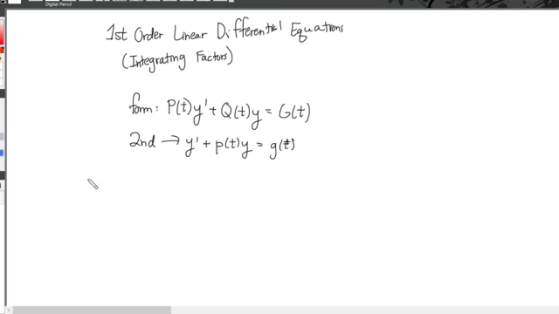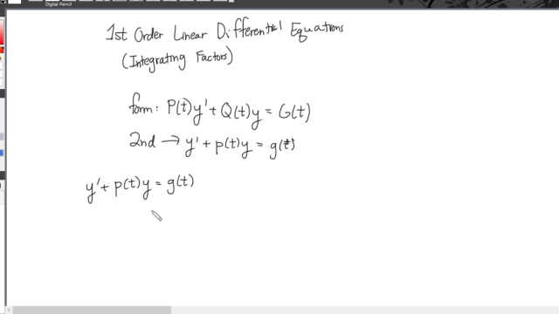Okay, so let's do another example. Now, actually, let's derive a formula for the integrating factor. So let's say I have some equation, which is, I'll just make it the second form, y prime plus lowercase p of t times y, and that's equal to g of t.